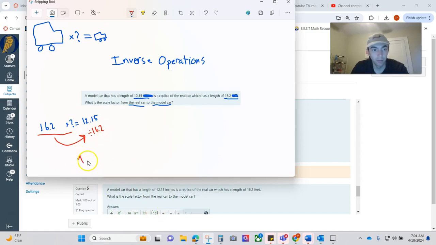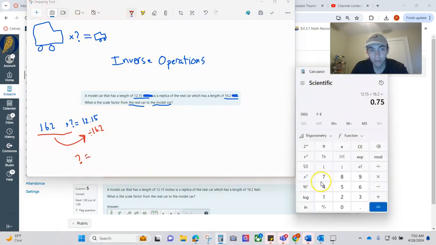And whatever 12.15 divided by 16.2 is, should give me my answer. 12.15 divided by 16.2, 0.75.